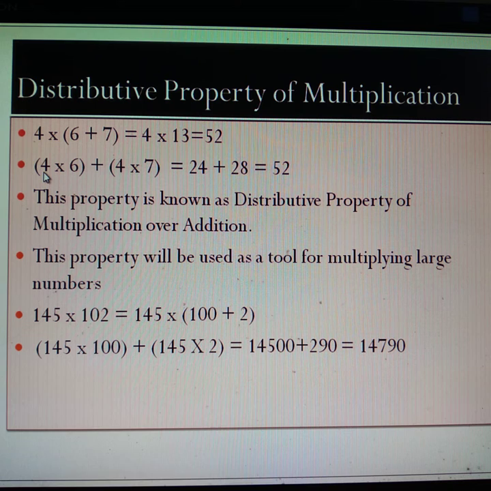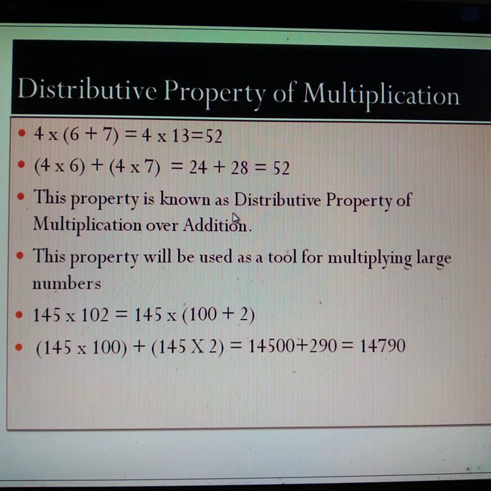Now we have to solve bracket. 4 into 6, 4 sixes are 24, so 24 is here. Plus sign, addition sign is given as it is. Then 4 into 7, 4 sevens are 28. So if we add these numbers, we got 52. In this way we got 52, in this way we got 52.